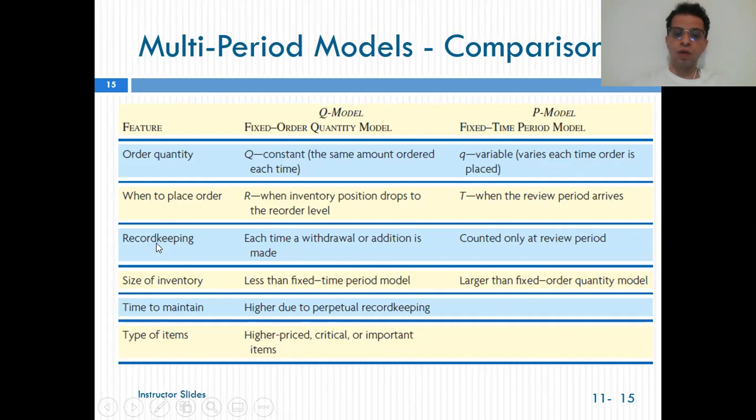In record keeping, each time there is a withdrawal or addition, it's counted in the Q model. And in the P model, it's counted only at the review, every month or every 3 months. The size of inventory is smaller in the Q model than in the fixed time period model, which is larger. Time to maintain is higher in the Q model due to always keeping the record, and it is usually used for higher priced, critical or important items.